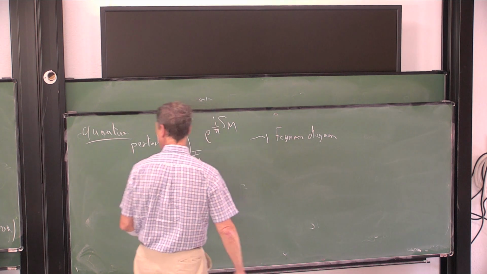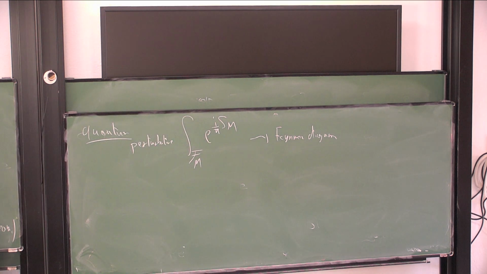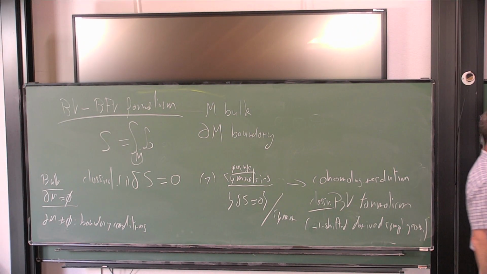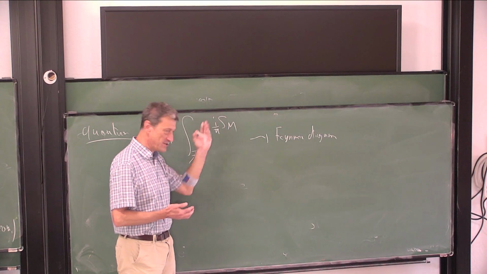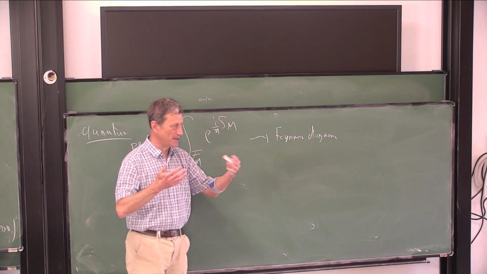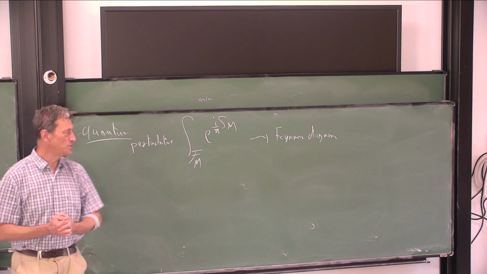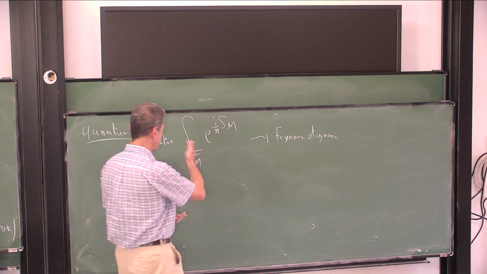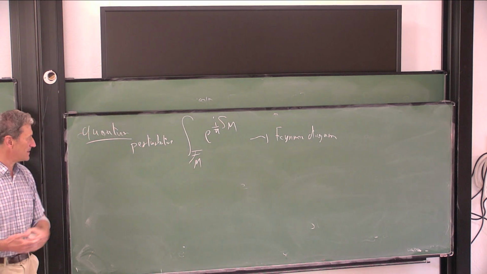Now, again, if you have gauge symmetries, there is a problem in this approach because the critical points are degenerate, so the Hessian is degenerate, so you cannot even start the Gaussian expansion. So to do this, you have to get rid of the gauge symmetries.